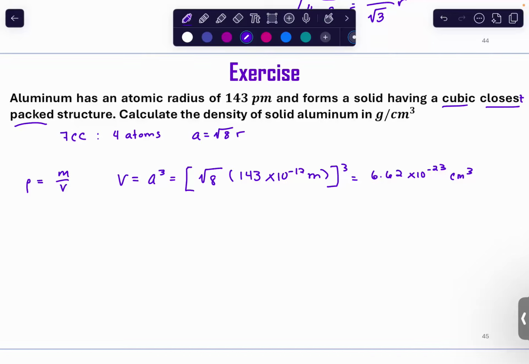How can I figure out the mass of aluminum in the unit cell? I'm going to have to use the grams per mole from the periodic table. I mean, I'm going to need moles of aluminum in the unit cell. How am I going to get that? I'm going to have to convert atoms to moles to grams. 4 atoms. So if I say I have 4 atoms, how many atoms do I have in a mole?